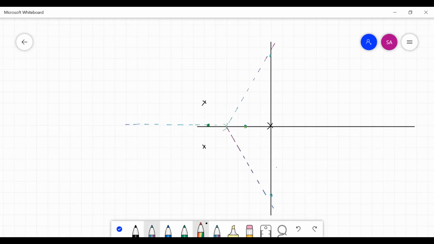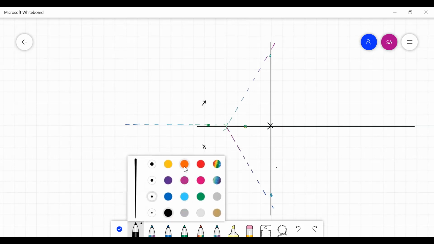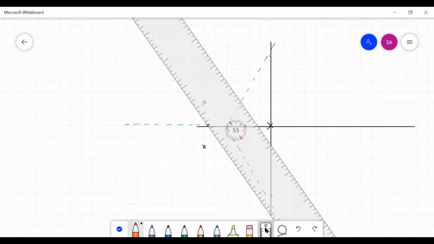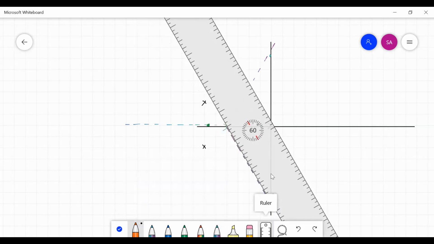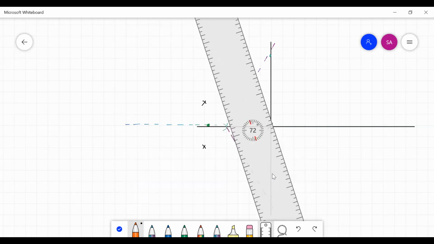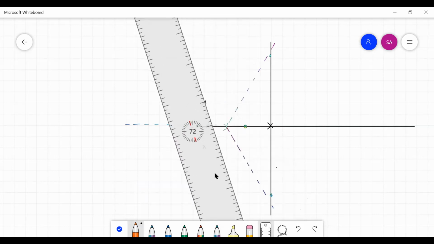Now let us start drawing the root locus. What was the angle of departure? Again, the angle of departure was -72. Now, how do we write that angle of departure? We'll keep it here, and the angle of departure will be something like this.